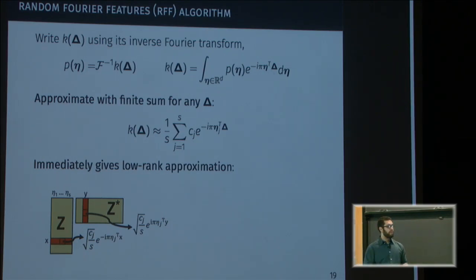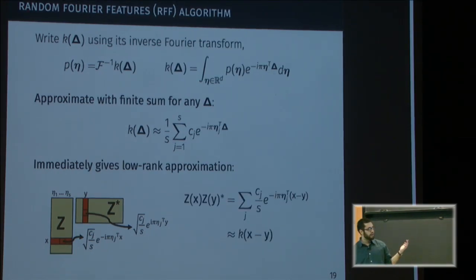In z, there is one row corresponding to each of my data points x, and the entries in that row have one for each of my sampled frequencies. If I look at a row from z and the corresponding column of z star and take their dot product, it's not too hard to see that it exactly equals that finite sum. So it approximates my kernel function, as desired, if my finite sum is a good approximation for the integral.